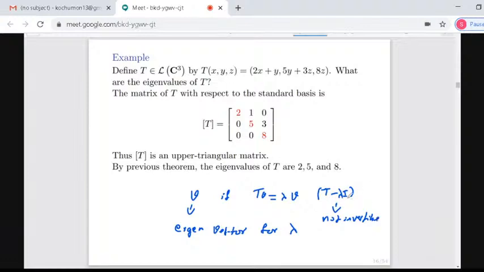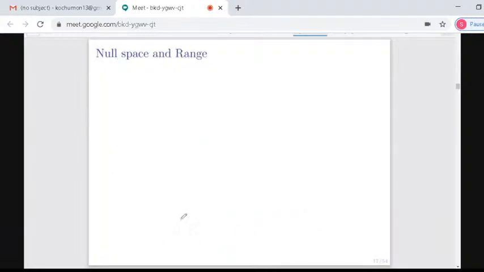Not invertible means it has a null space. This null space is a very important object. Why am I talking about the null space? You will see in a moment.